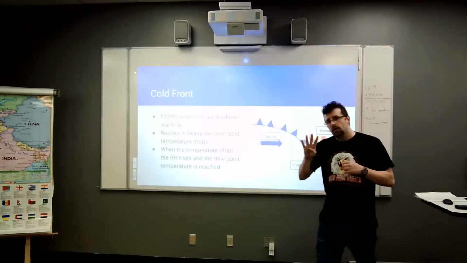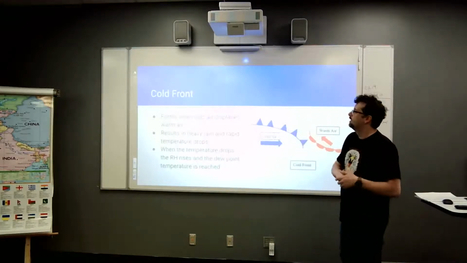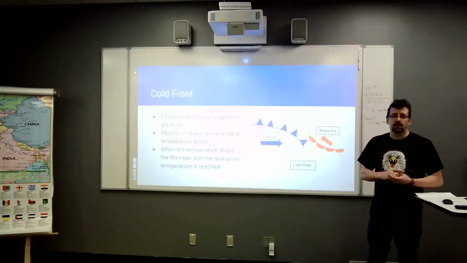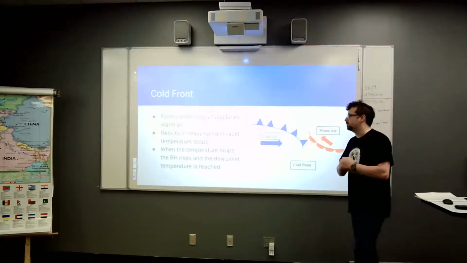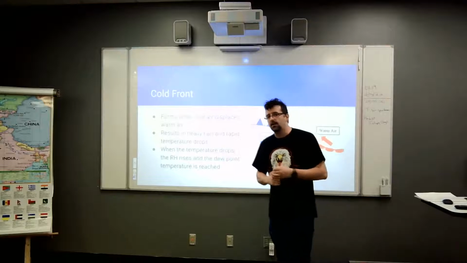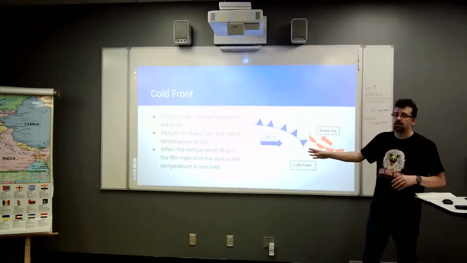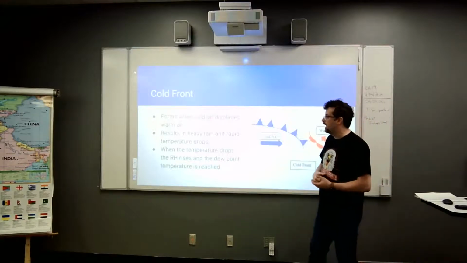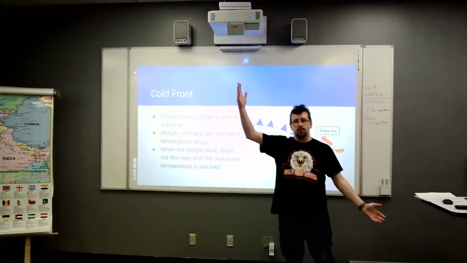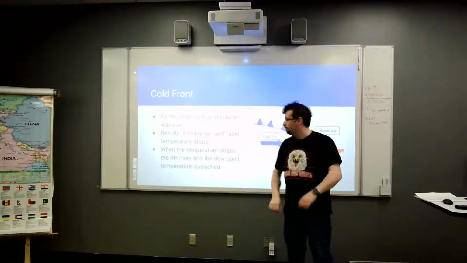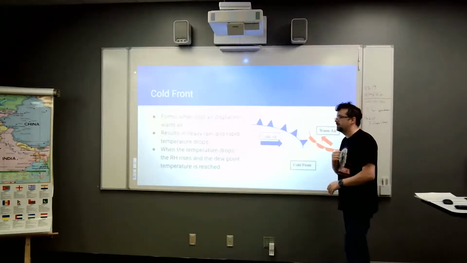So we have the cold fronts. Here's the first of the four. Cold fronts form when cold air displaces warm air. This results in heavy rain and rapid temperature drops. And what happens when the temperature drops? The relative humidity rises, because remember that temperature and relative humidity are inversely related. You must know that. And the dew point temperature is reached.